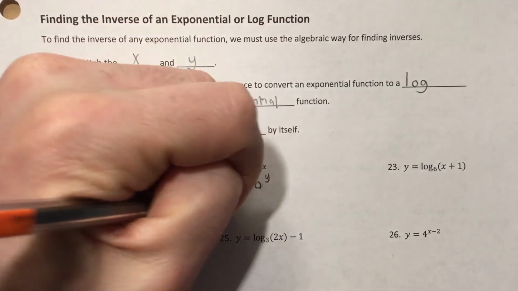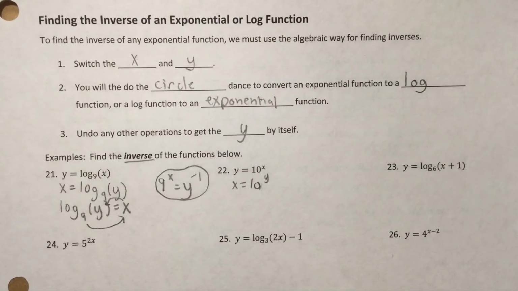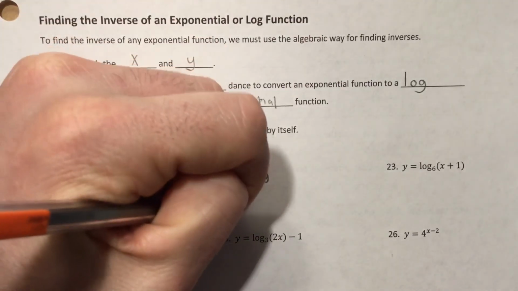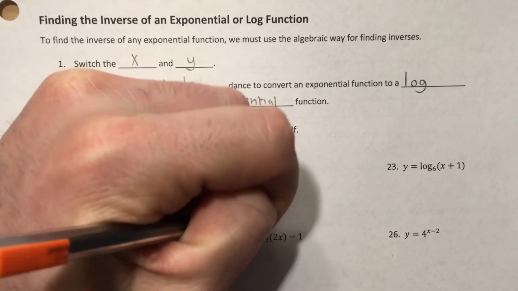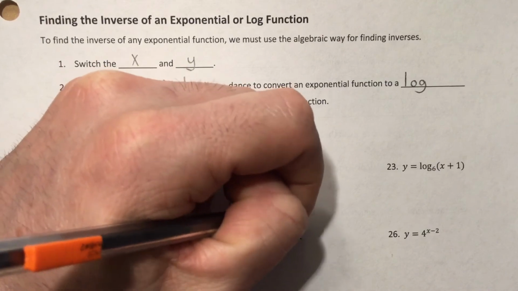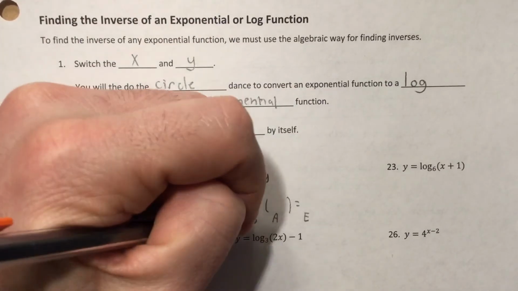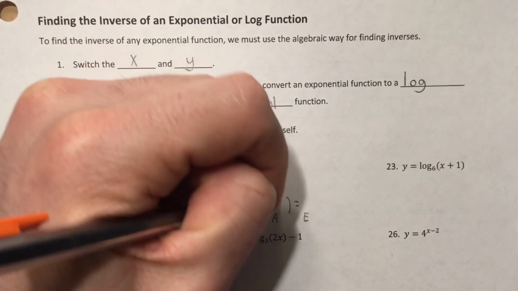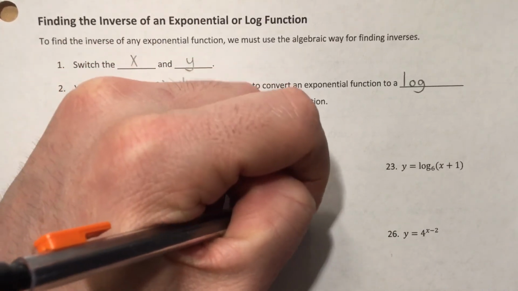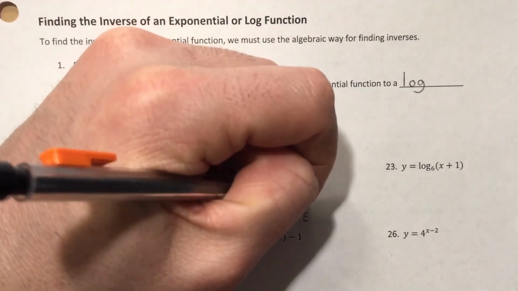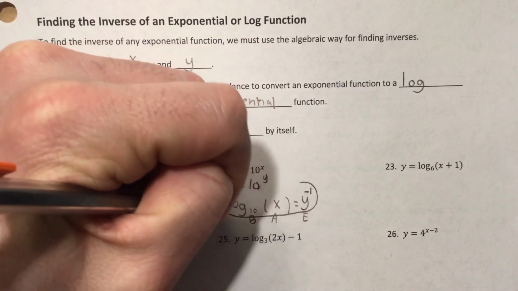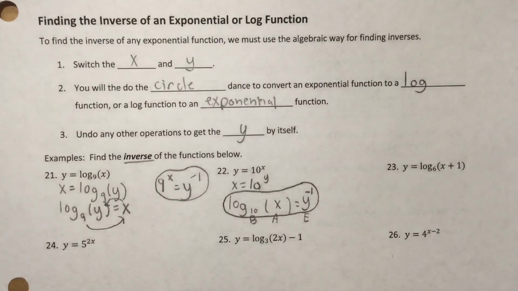And again, now it may help you to use that BAE acronym. So base is 10, answer is x, exponent is y. The y is by itself, so therefore y inverse is equal to log base 10 of x.